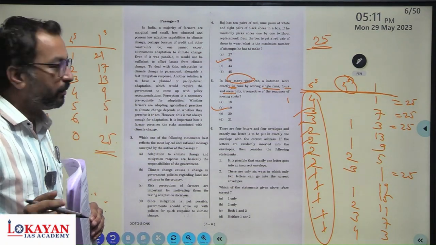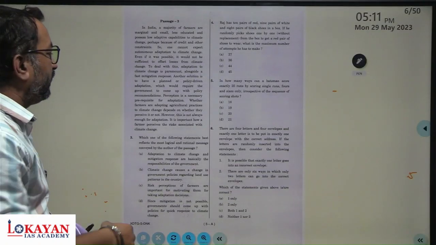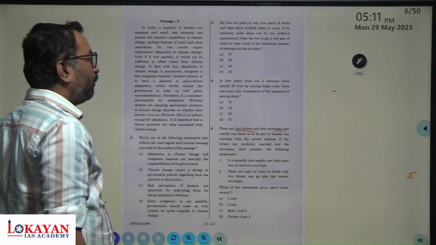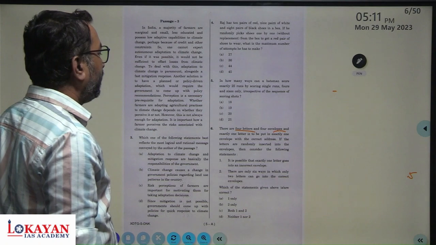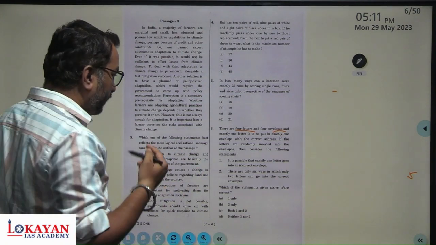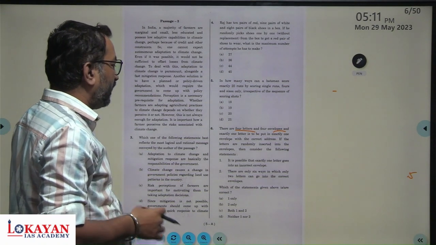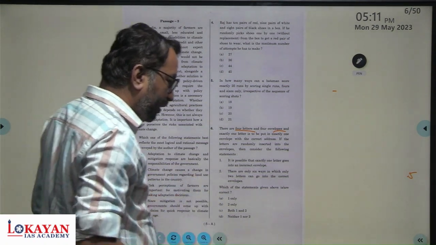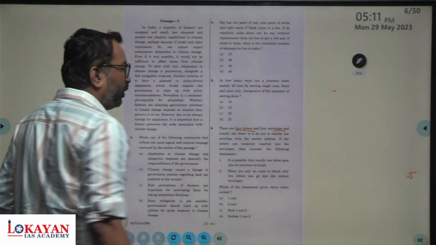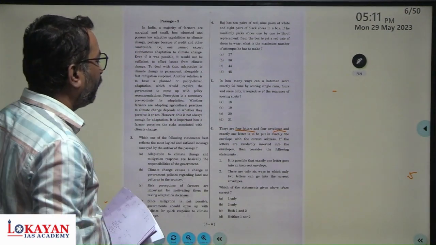situation, right? There are 4 letters and 4 envelopes exactly, and exactly one letter is to be put in exactly one envelope with the correct address. If the letters are randomly inserted into the envelopes, then consider the following statement.